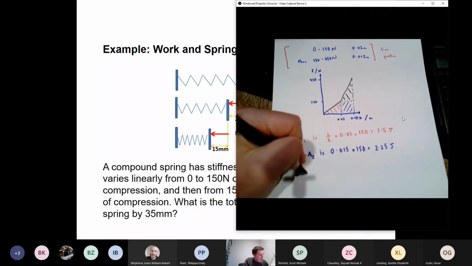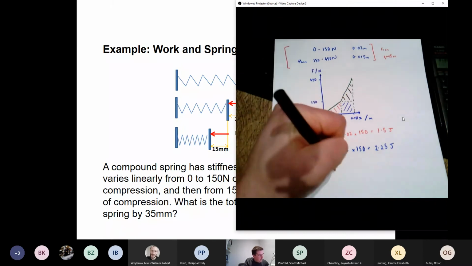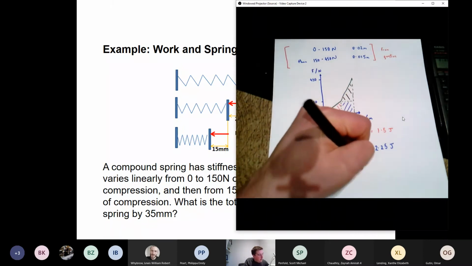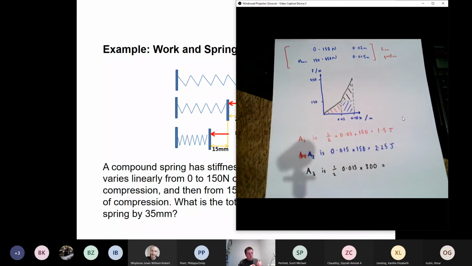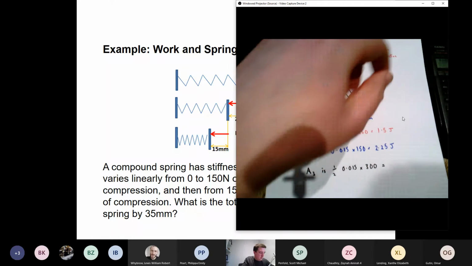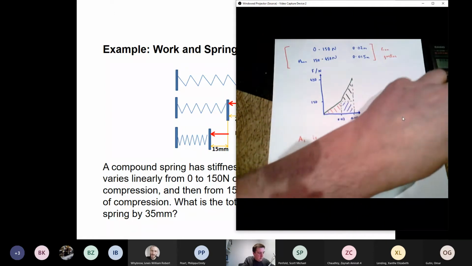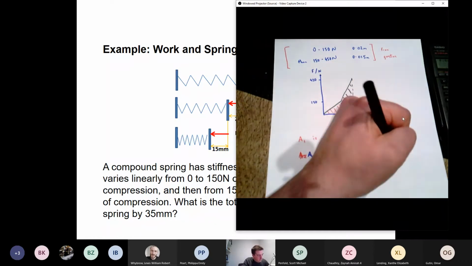And then A3 is a half times the base times the height. A half times 0.015 times 300, which is also 2.25 joules.